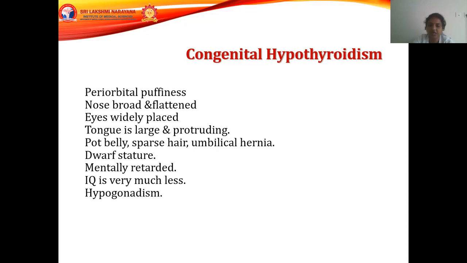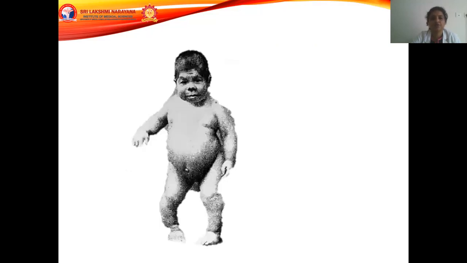There is mental retardation also present, and IQ is very less, and sexual characters are also not well developed. So that is, there is hypogonadism. So this is one of the most important differentiating features which I was mentioning earlier, to differentiate between a hypothyroid dwarf and a growth hormone dwarf.